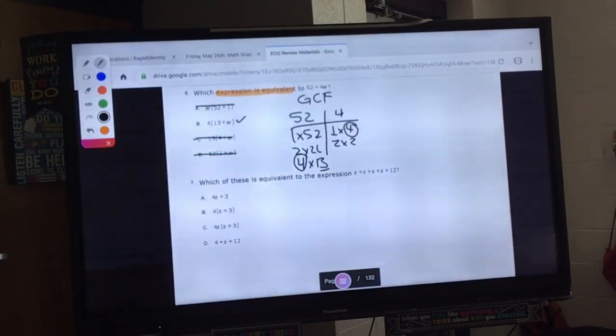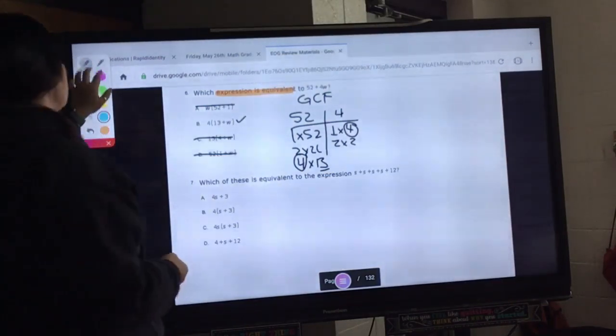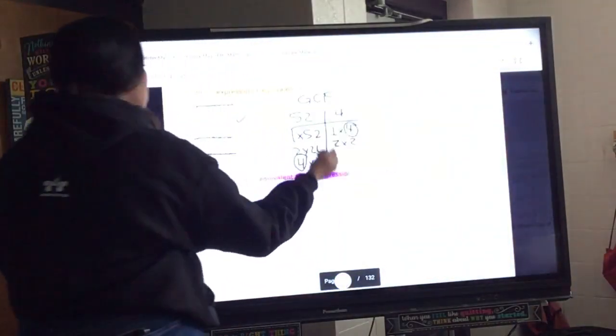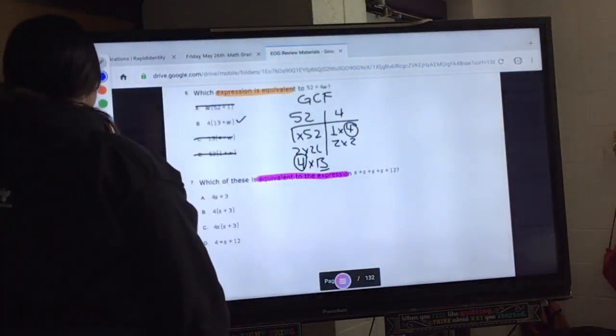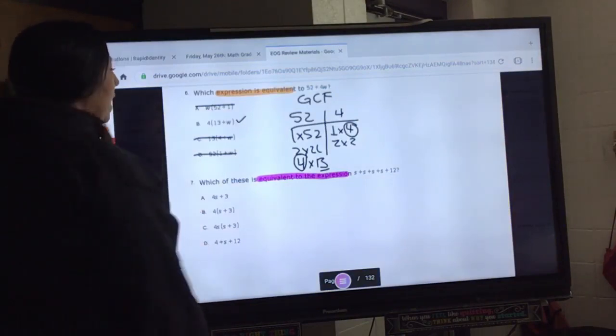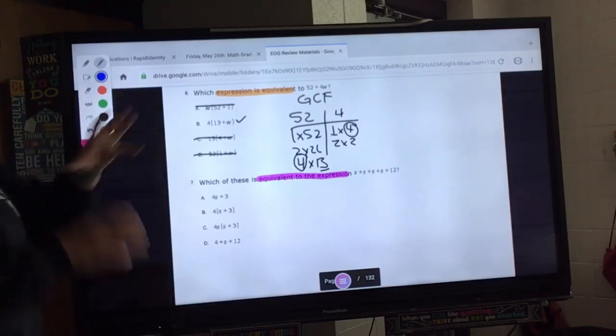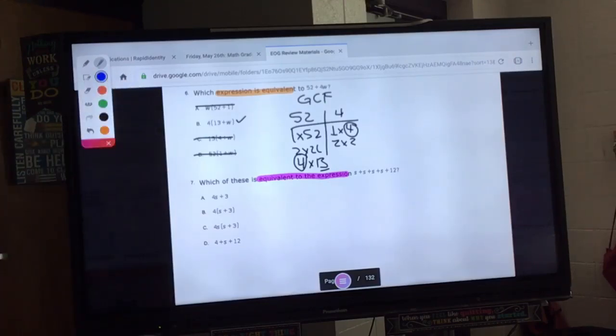All right, look at number 7. It says, which of these is equivalent to the expression s plus s plus s plus s plus 12? So, there's a couple things we have to do here. What is the first thing you think we have to do?